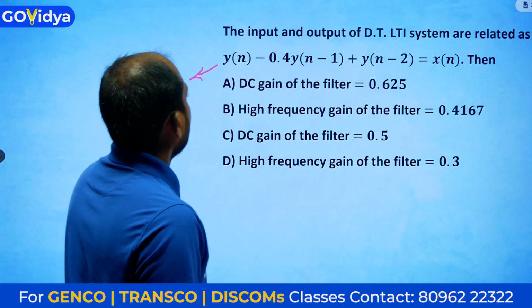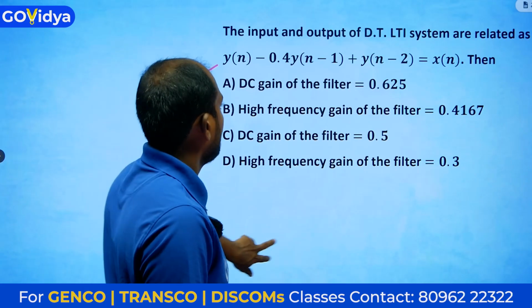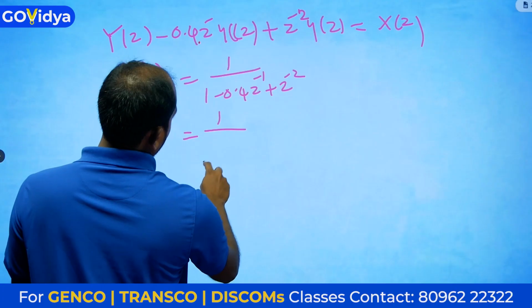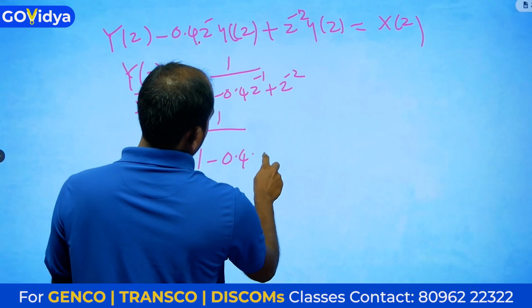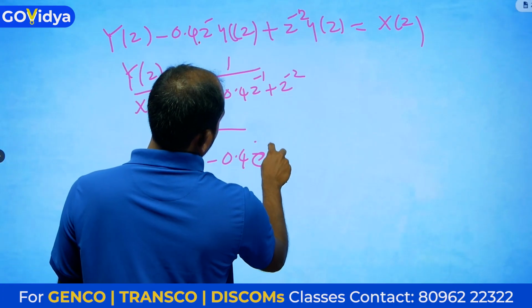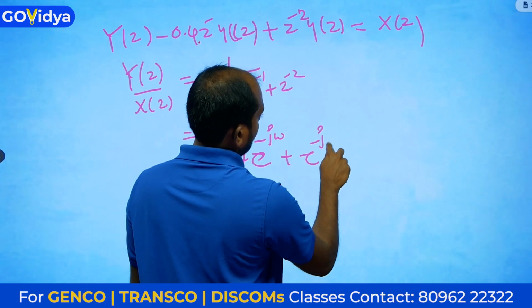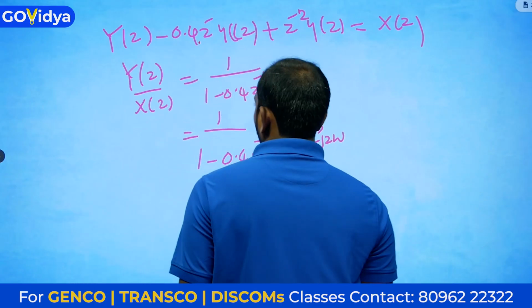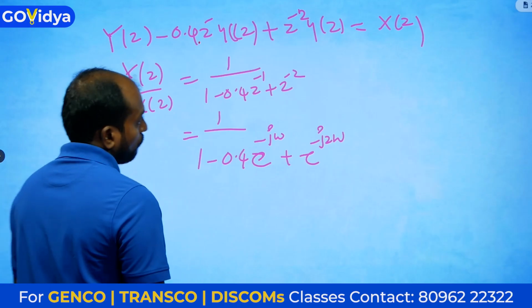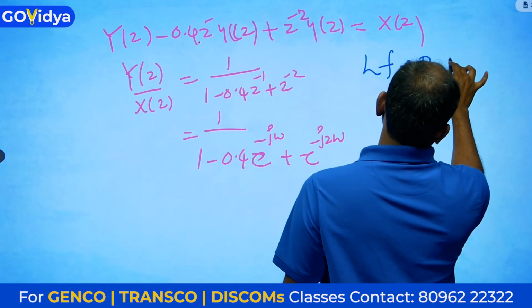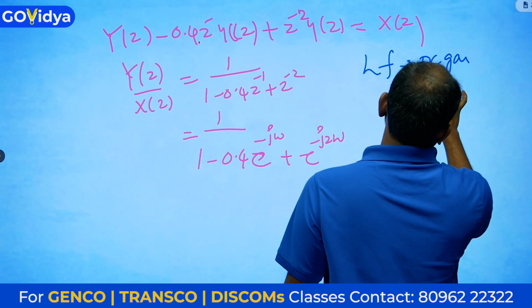He is asking for the DC gain. In place of z, put e power j omega: 1 by 1 minus 0.4 e power minus j omega plus e power minus j 2 omega. Low frequency is nothing but DC gain. For DC gain put omega equal to 0.